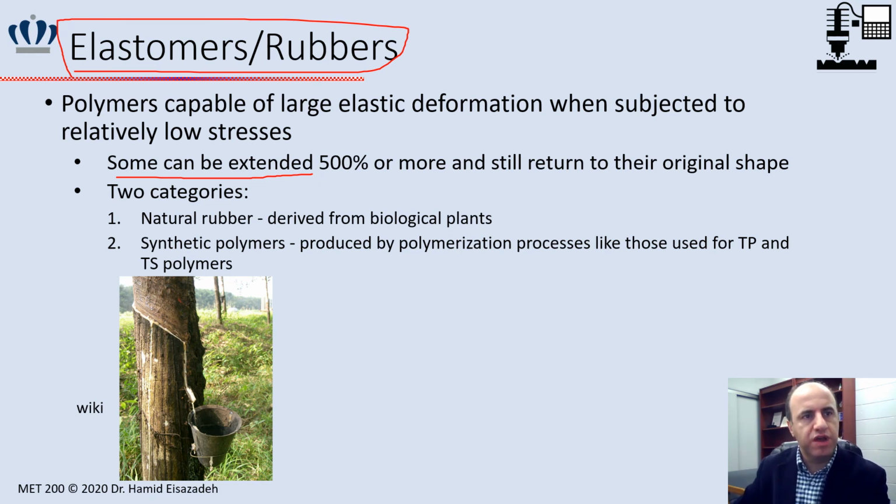And for the elastomer, we have two different types. One is called natural rubber, which comes from plants. The other one is synthetic polymers produced by polymerization processes, those processes that we mentioned earlier that are used to produce thermoplastic material.